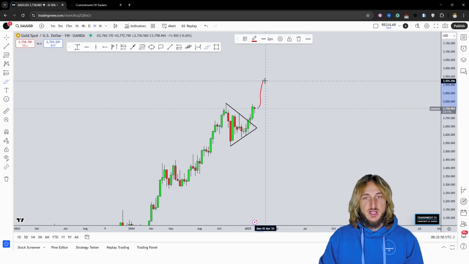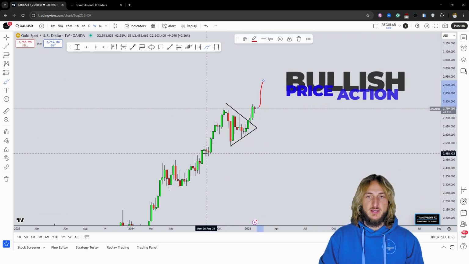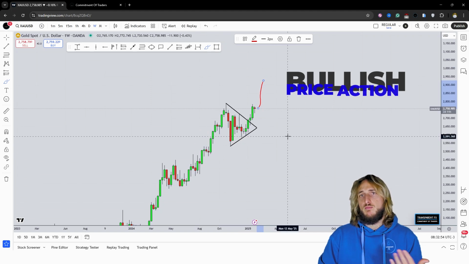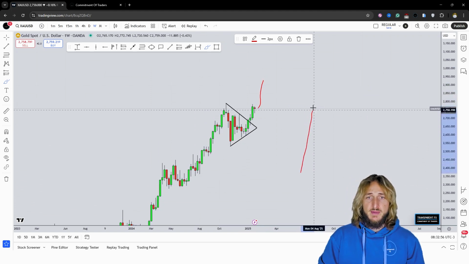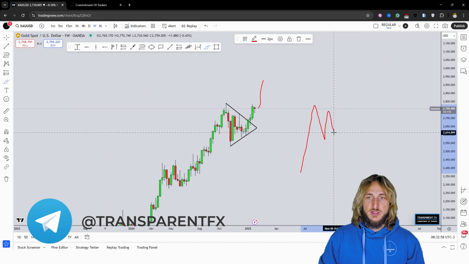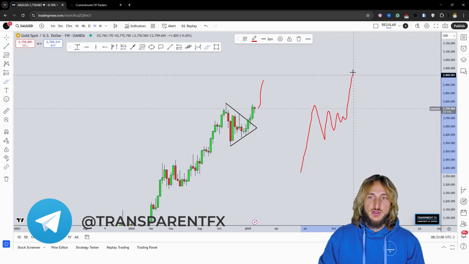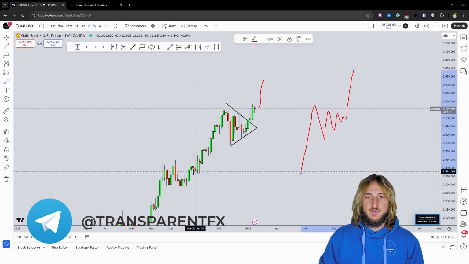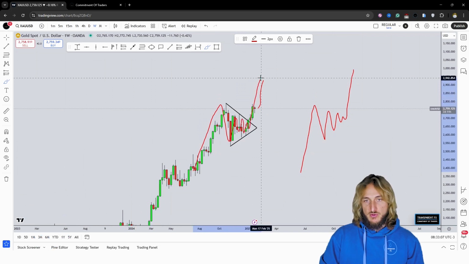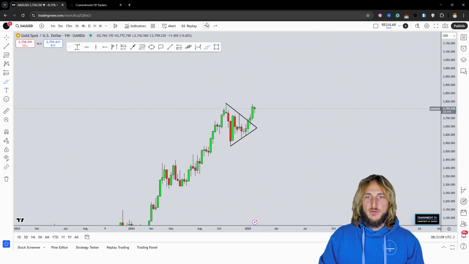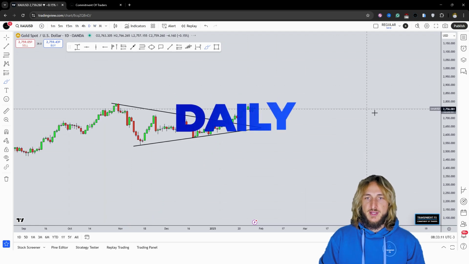So the next logical step would be to see more bullish price action being created, which is a quite popular pattern to see: basically an impulse, then a consolidation in the form of a triangle formation, and then the next impulse to the upside, which is essentially what the market in this case would be creating. So let's keep all of this in mind and drop down to the daily time frame.